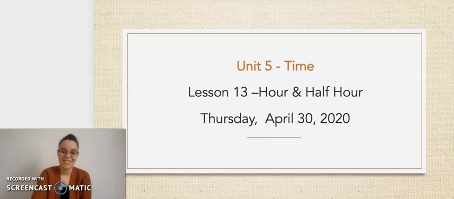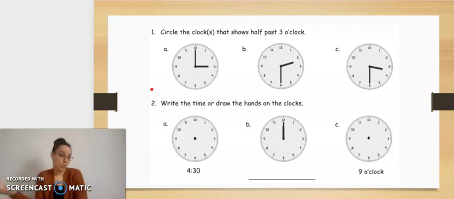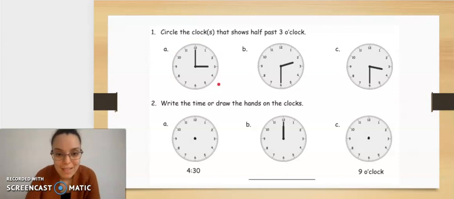Let's get going. It says, circle the clock or clocks. There might be more than one that show 3:30. 3:30 is another way of saying 3:30. Does this show 3:30? What time does it show? Yeah, that shows 3 o'clock, not it.